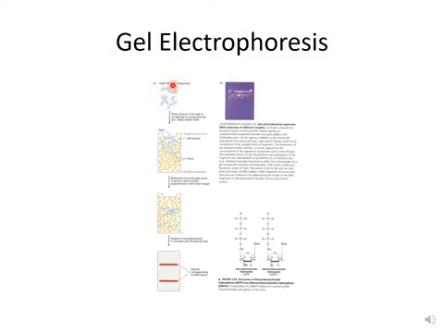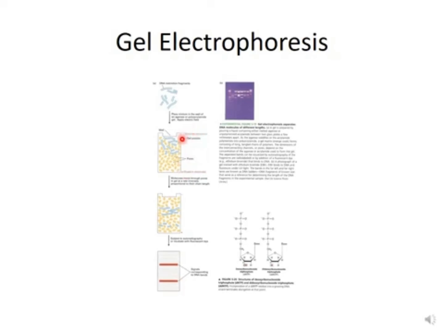So the DNA is placed in wells in an agarose or a polyacrylamide gel, also similarly to proteins. Once the DNA is placed into the well, at the beginning of the porous gel, an electric field is applied, and DNA is going to move from the negative side of the gel to the positive side of the gel.